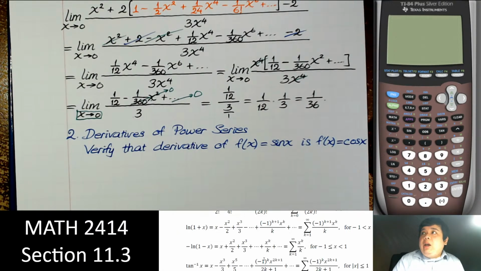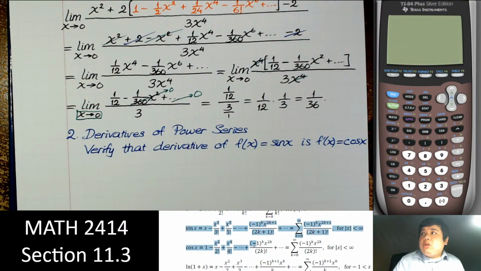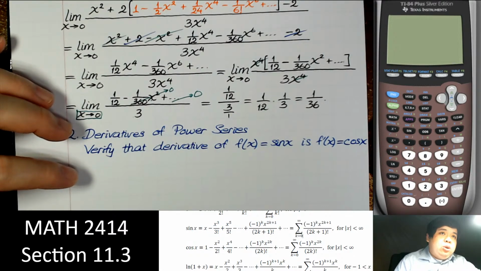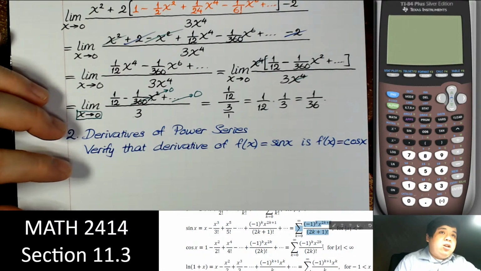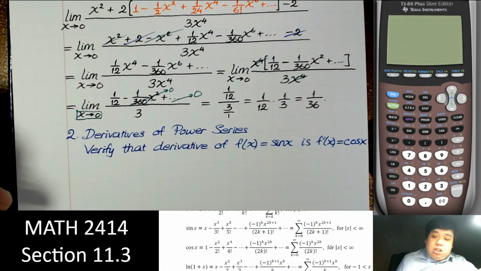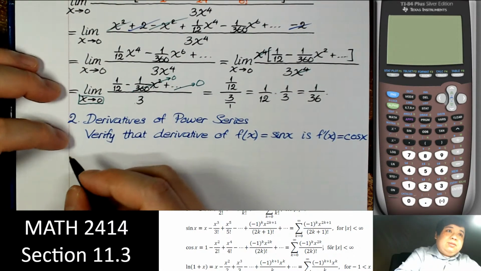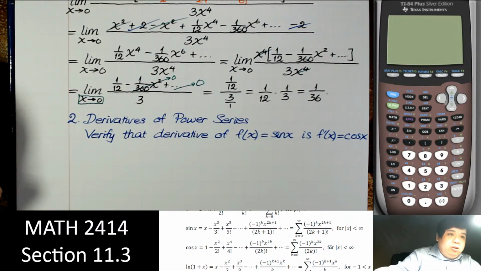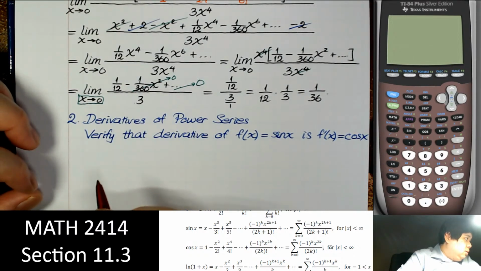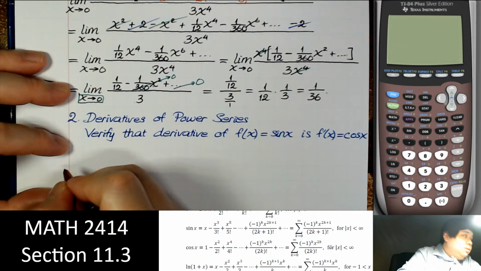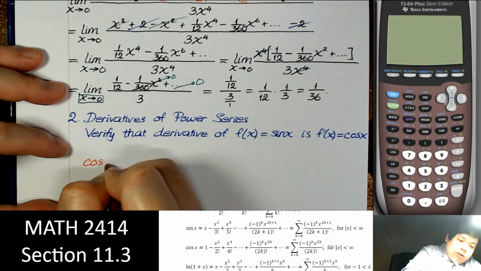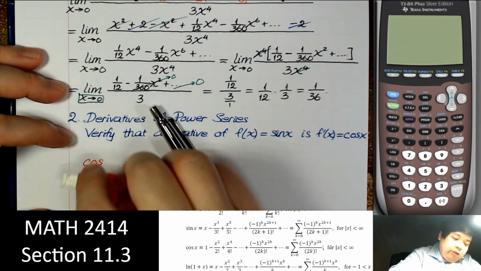To do that, we need to write out the series for sine and the series for cosine. We can either write out term by term, or we can use the summation. Let's use the summation. From that table, let's start with sine of x first.